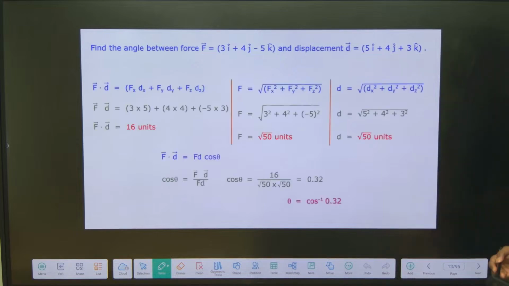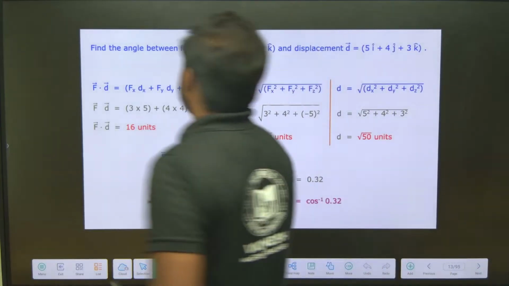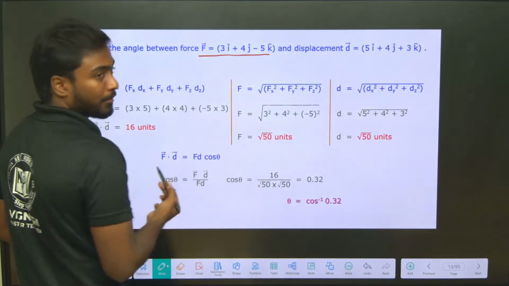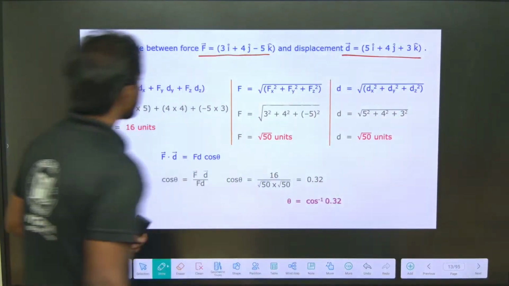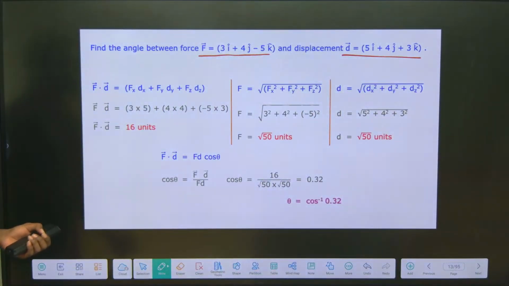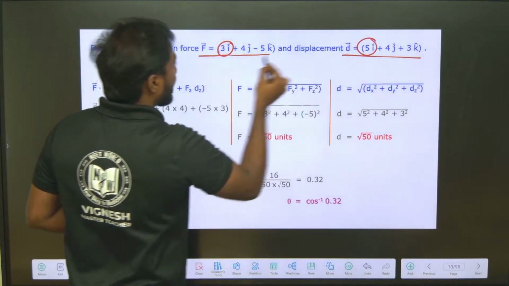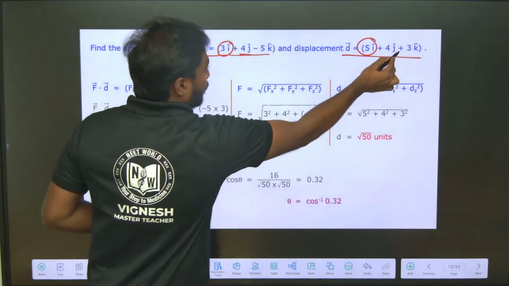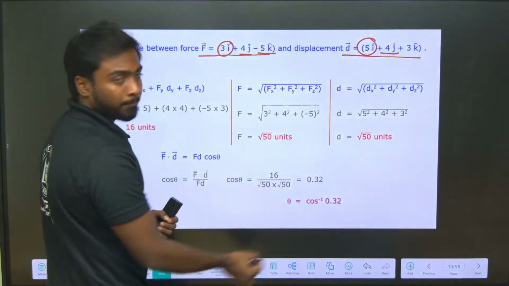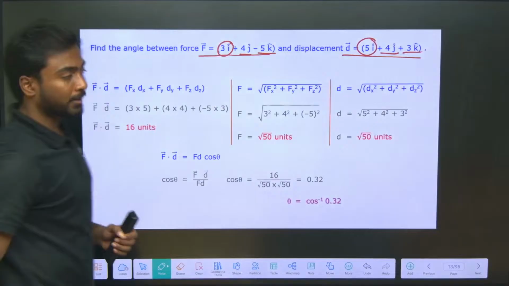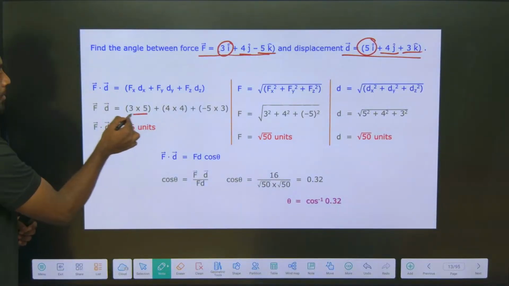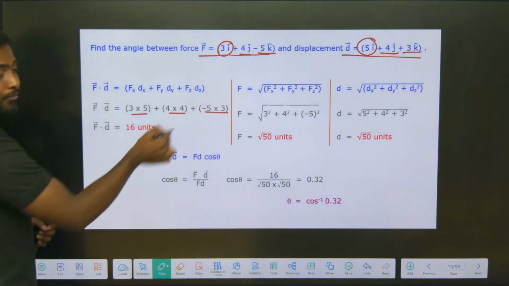See, F they have given and D they have given. So what is F dot D? I need to take 3i cap with 5i cap, then 4j cap with 4j cap, and minus 5k cap with 3k cap. So 3 into 5, 4 into 4, minus 5 into 3.